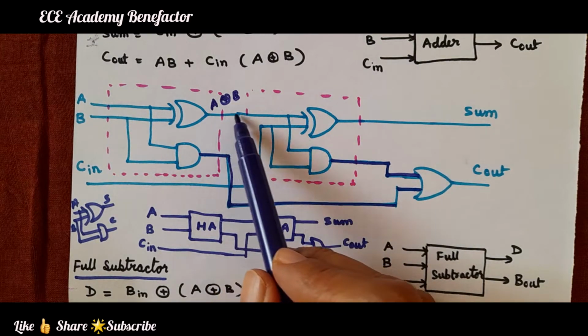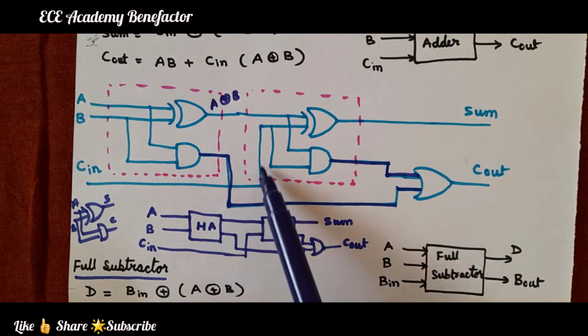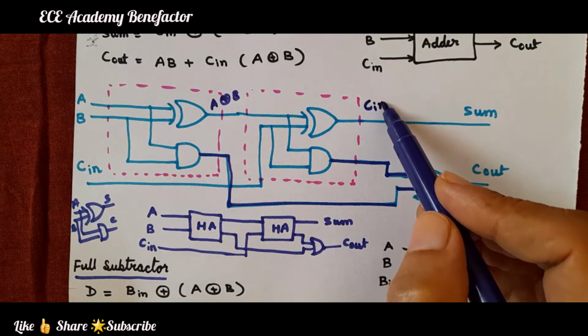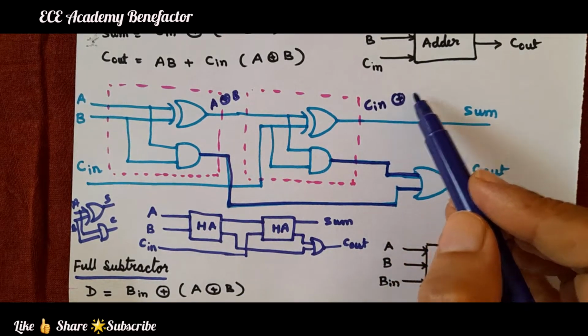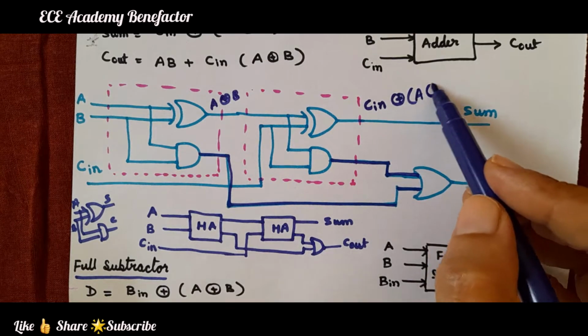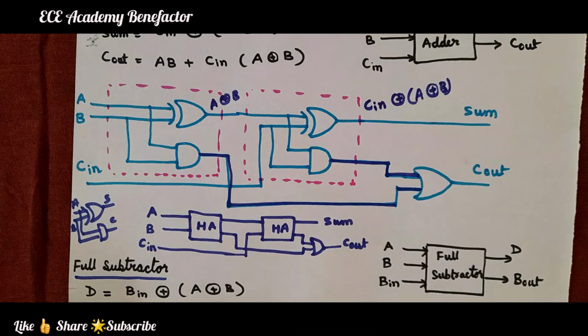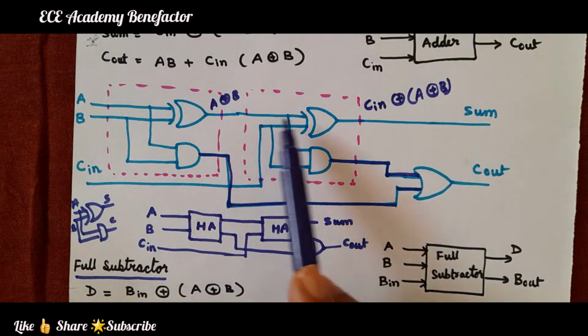From here A XOR B is coming and here C in is coming. So the output of this will be C in XOR A XOR B. This is the sum expression. So sum we got.